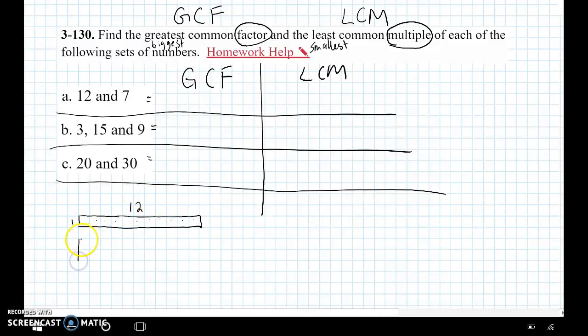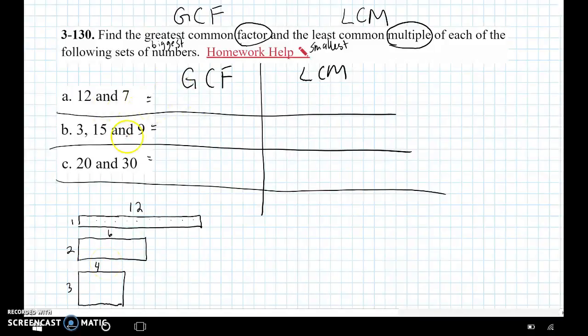I could have a 2 by 6. So 2 times 6 also makes 12, so 2 and 6 are factors of 12. And I could have a 3 by 4. Thought of what two numbers can multiply to make 12: 1 times 12, 2 times 6, 3 times 4. So those are all of the factors of 12.